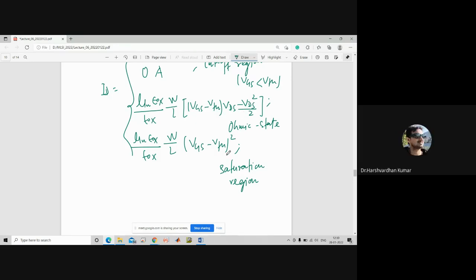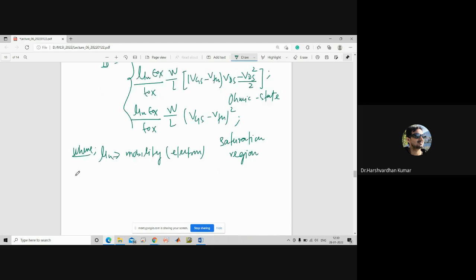Okay. So see here, what is mu n? This is the mobility. Mu n means electron mobility. What is epsilon ox? This is the permittivity of oxide layer.